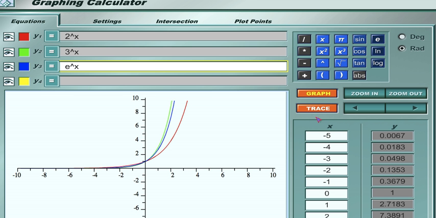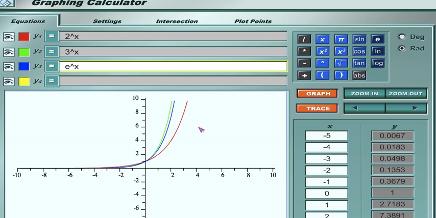So comparing those, let's take a look again just so we can get them labeled so you can see this. The red graph that we see right here came from y equals 2 to the x.